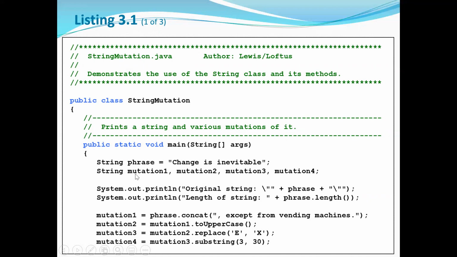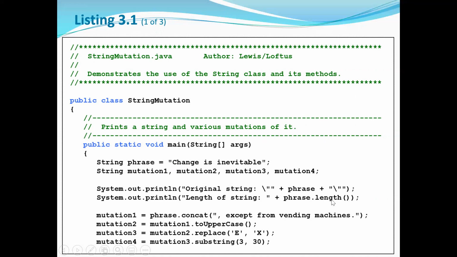Then we have string objects named mutation1, mutation2, mutation3, mutation4. First we use System.out.println to print the original string, which is "Change is inevitable." Secondly, we want to know the length of the string, so we print it out using the length method.